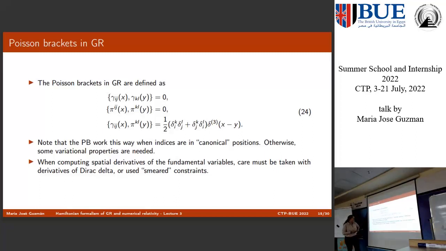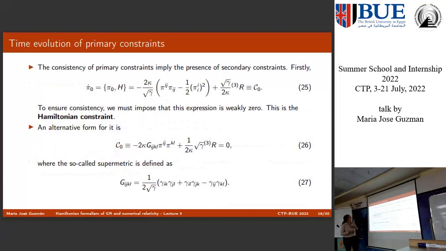And now, this is also just a technical thing: when we have these spatial derivatives, some additional mathematical subtleties have to be considered, because of the Dirac deltas that appear here. These Dirac deltas get some spatial derivatives, so that complicates the computations or the interpretation a little bit. So I compute the Poisson bracket of the constraint with the Hamiltonian, and that's the time evolution of the primary constraint.